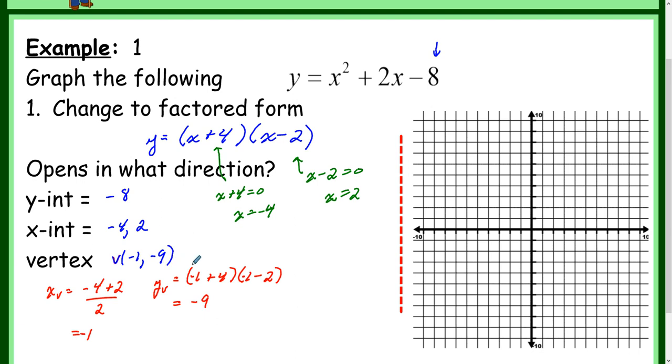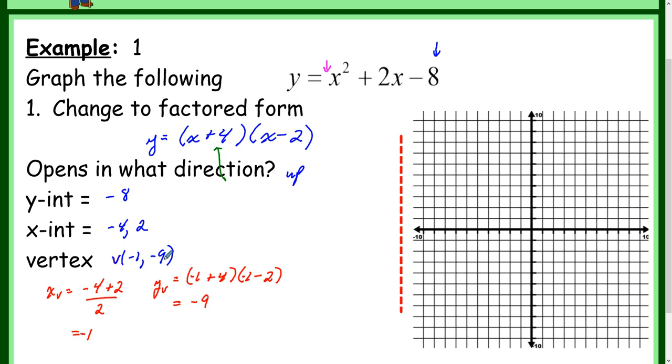Now the last thing that we want to identify, and I have it listed here a little bit earlier, so I'm just going to erase this, is my direction of opening. Now the direction of opening comes from the a value, and whether it's positive or negative, and this is positive, so that means this opens up.